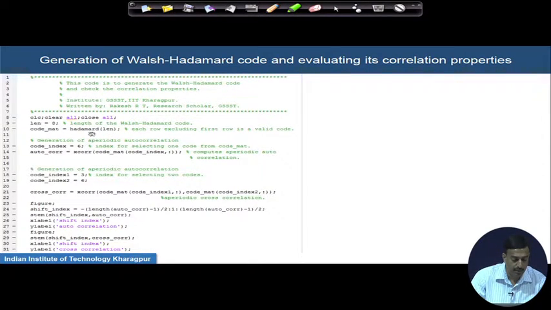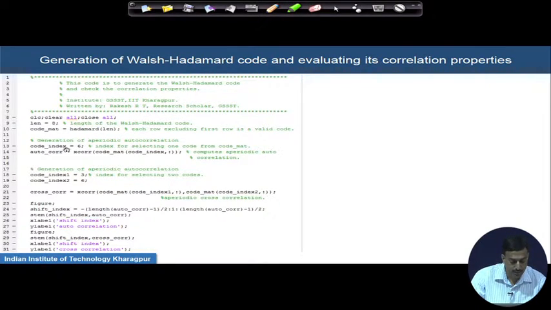So if we specify the length, it will generate a matrix which has the number of rows equal to the length. So in this case we will generate a Hadamard matrix, that is a matrix with Walsh-Hadamard rows corresponding to different Walsh-Hadamard codes, except the first row, which I said is the all ones row, and in this case the matrix will have the number of rows equal to 8.